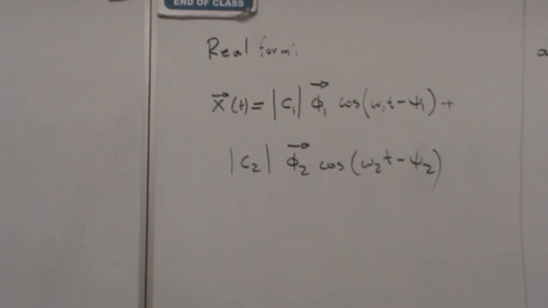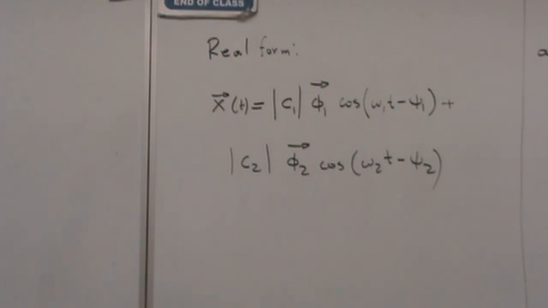So let the first natural frequency be 1 radian per second. The phase angle of the first mode is 0, which means that there is a cosine wave, and it's just a pure cosine.